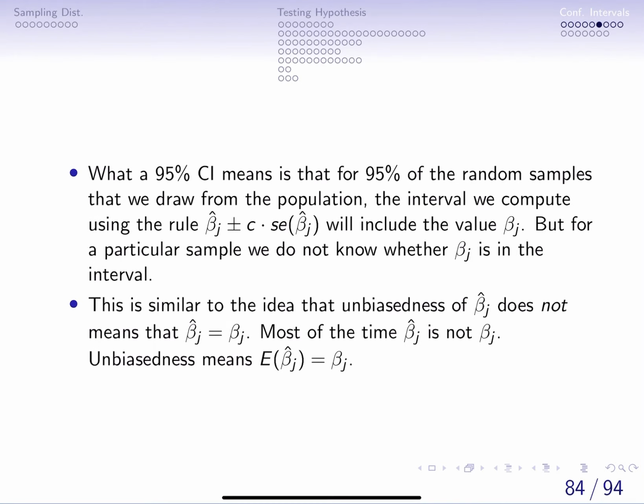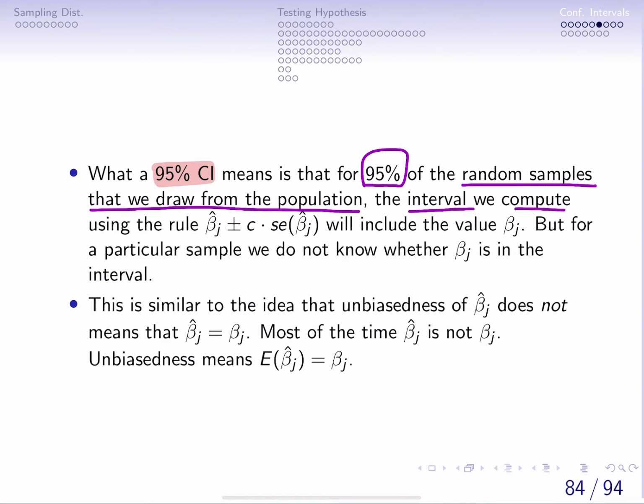So it's important for you to know what these mean. When we say that we are constructing 95% confidence intervals, we are basically saying that for 95% of the random samples that we draw from the population, the interval that we compute using this rule that we just specified will include the value of the population parameter beta j.